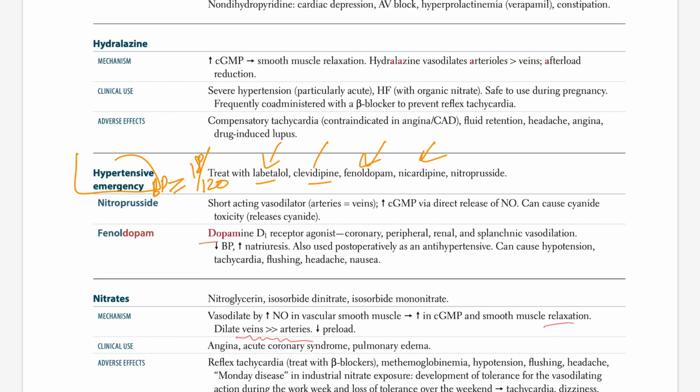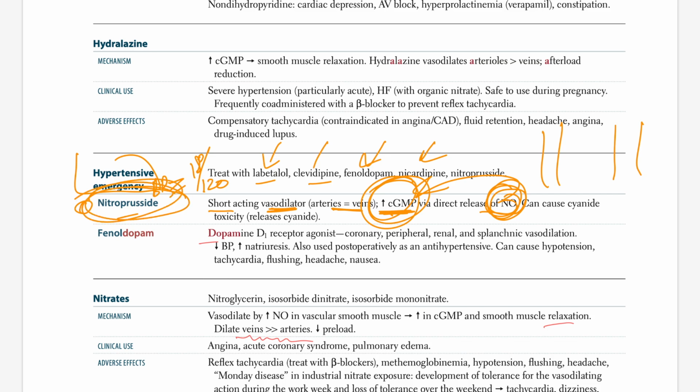Okay, for nitroprusside, this is a short-acting vasodilator. Arteries equals veins, meaning it's going to dilate the veins the same way as it's going to dilate the arteries. Okay, increasing cyclic GMP through direct release of nitric oxide. Again, nitric oxide causes an increase in cyclic GMP, but it's direct because you're giving nitroprusside from outside, which contains NO, right?